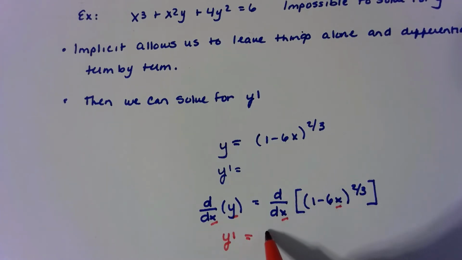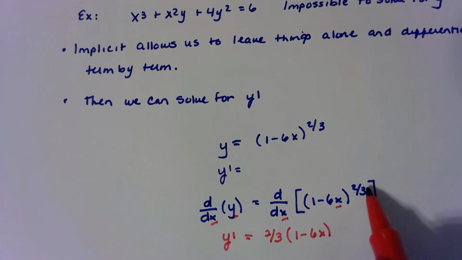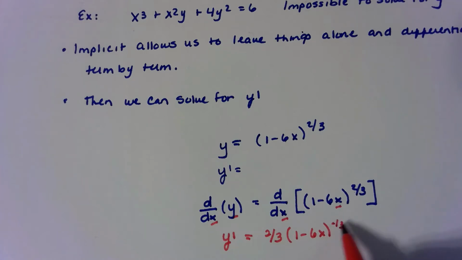Chain rule, right? This will give us 2/3 times 1 minus 6x. If we subtract 1, we get negative 1/3. So chain rule is derivative of the outer function, put the inner function back in, and then multiply that by derivative of the inside function. And that would be our derivative. Okay? Let's bump it up a notch.